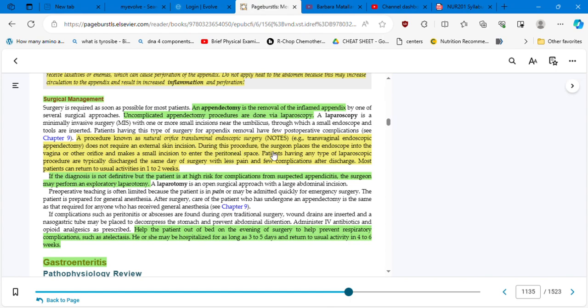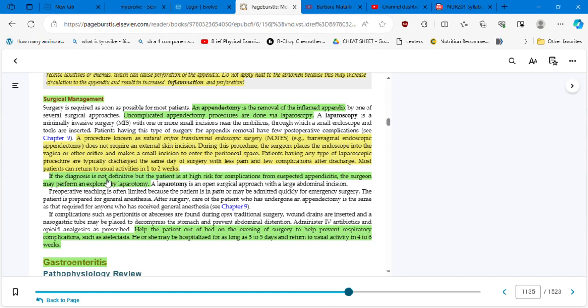During this procedure, the surgeon places the endoscope into the vagina and makes a small incision to enter the peritoneal space. Patients having any type of laparoscopic procedure are typically discharged the same day of surgery with less pain and fewer complications after discharge.